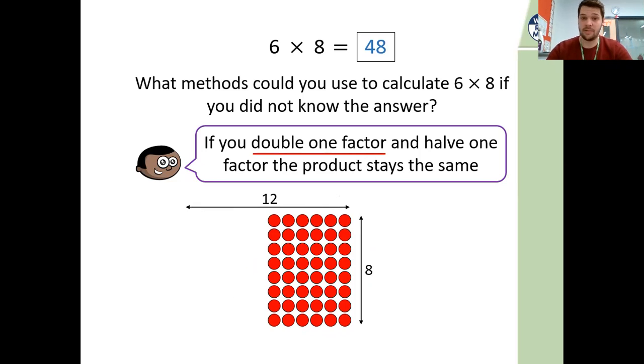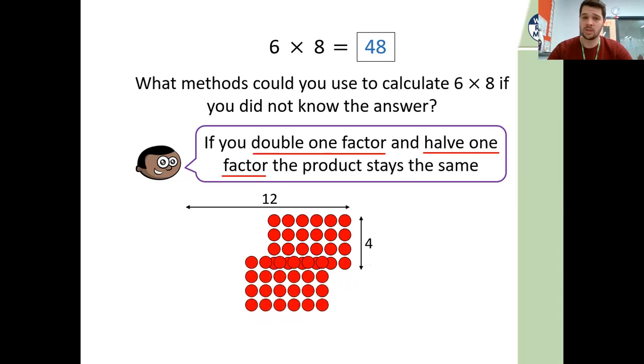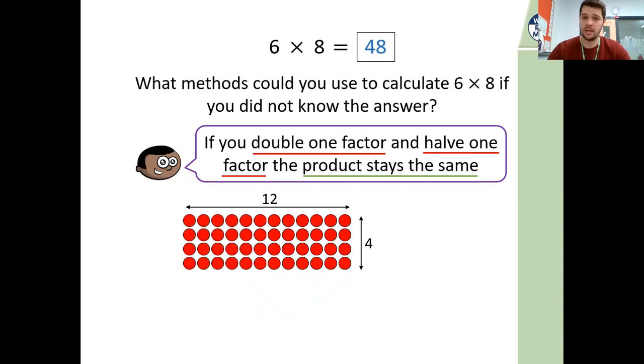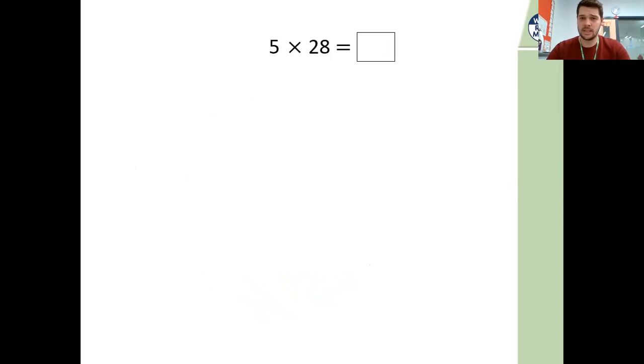So I can half the other side. Half of 8 is 4. That gives me the same calculation. You might be confident with your 4s. So 4 times 12 equals 48. Okay? Let's have a look.